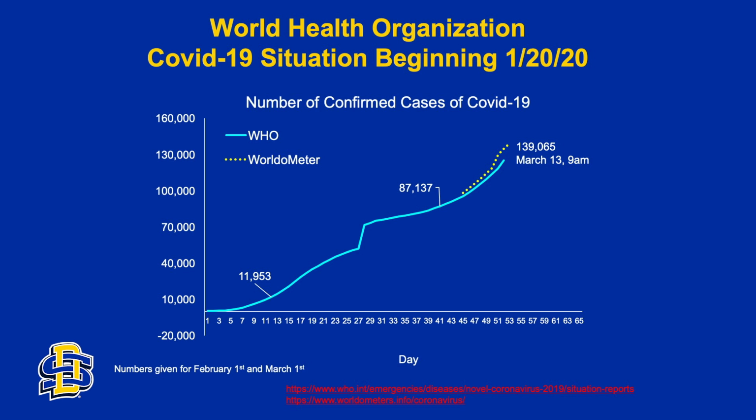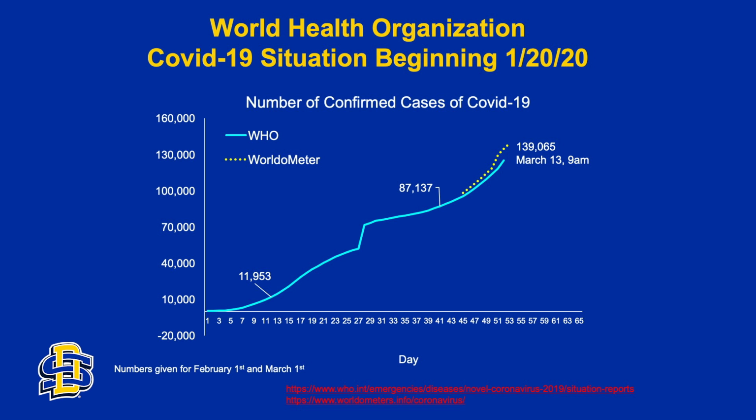When I first did this presentation, I plotted the data that's out there from the World Health Organization, and I've been updating that every day. I use two sources: the World Health Organization, but also a website called Worldometer. It's a nice website in that it's probably the most up-to-date, it searches all sources, and then it provides you the source data for the information that they're adding.